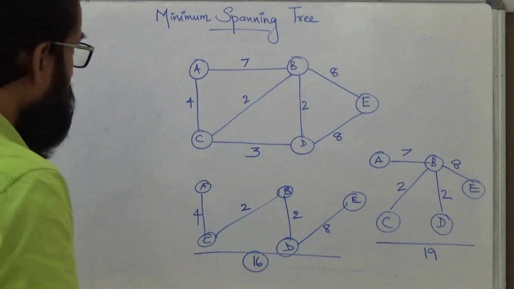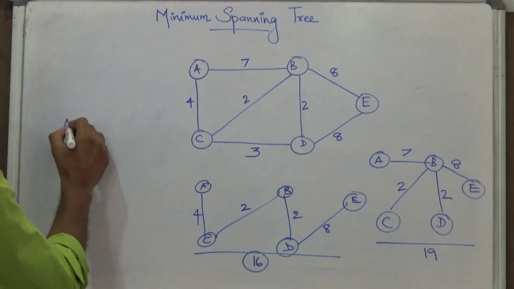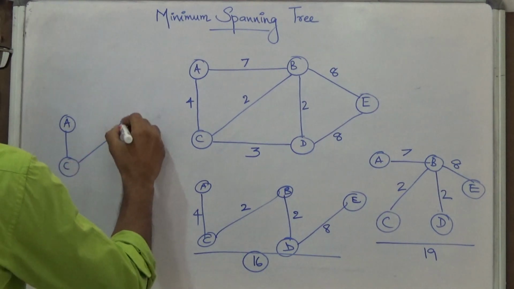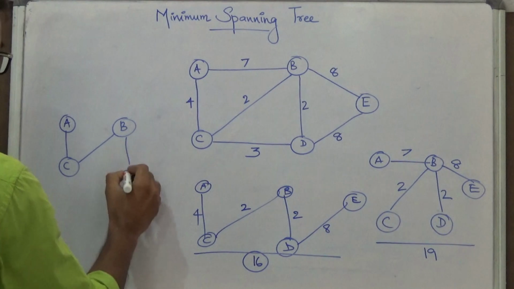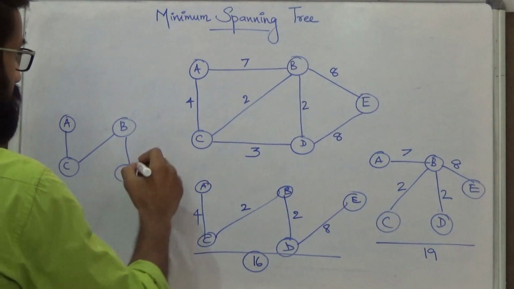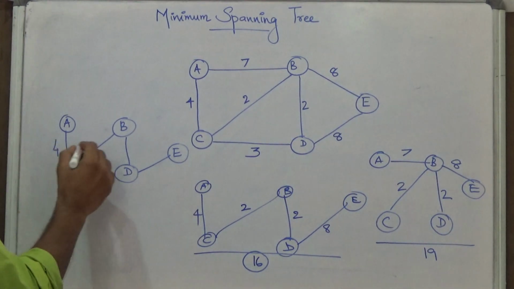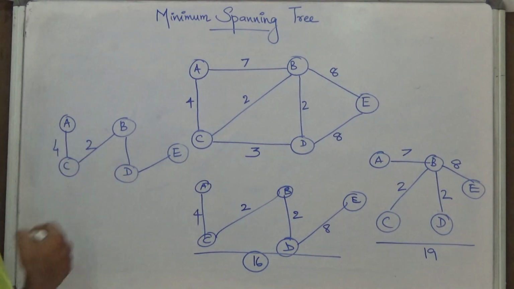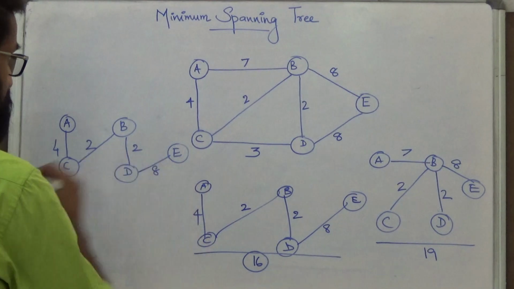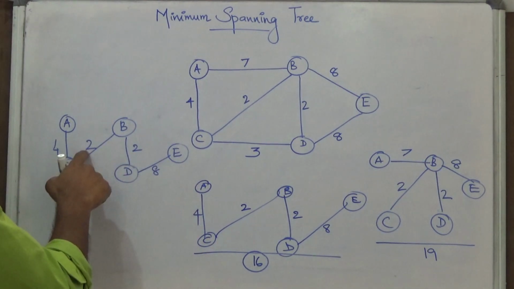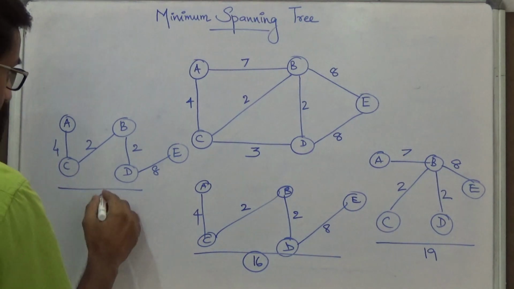So I can identify another spanning tree C, B, D, E. So here cost is 2, here it is 2, 2, 8. So total cost is 8, 10, 12, 16.